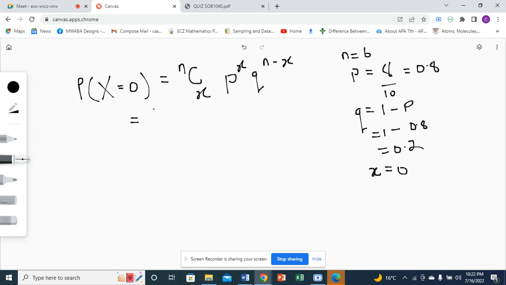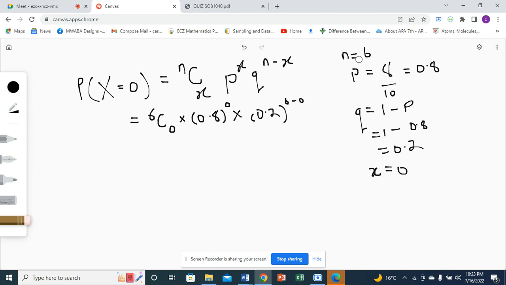So we say 6C0, times 0.8 to the power 0, times q, which is 0.2, to the power 6 minus 0. We'll solve these in steps.